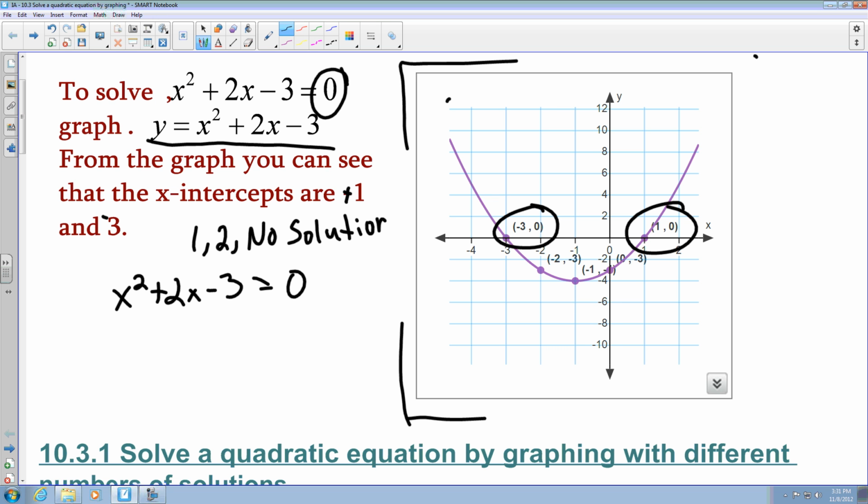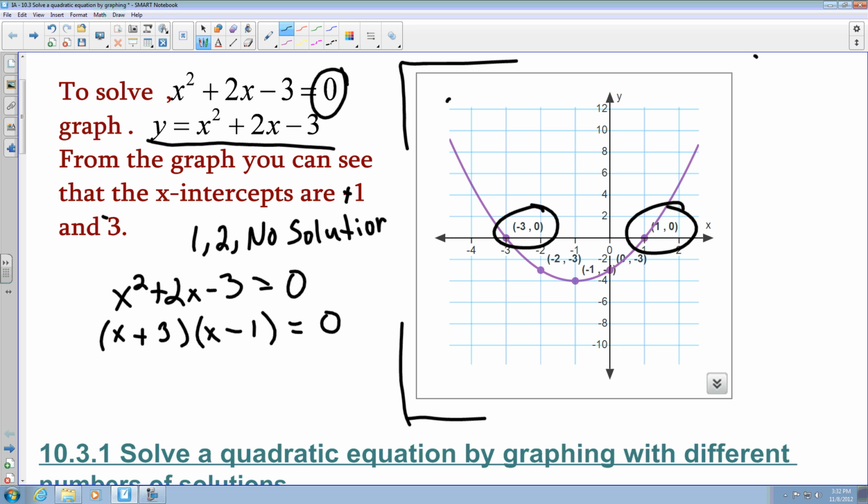Now this looks like one of the trinomials that we had from chapter 9. So all we're going to do is factor these out. So we got the parentheses equals 0. I see that I have a -3, so that means that the signs will be different, and x and x, and I can determine that x plus 3 and x minus 1 will FOIL out correctly.